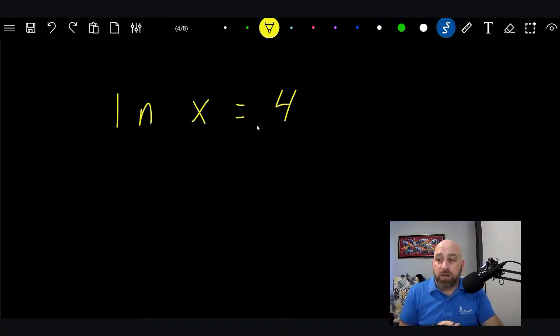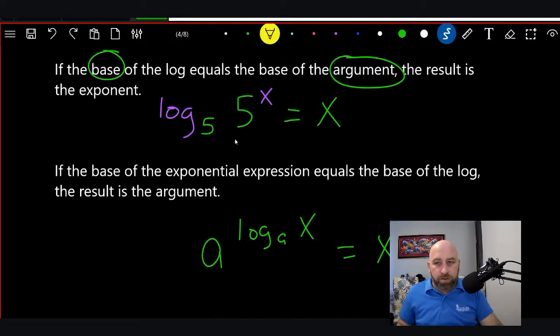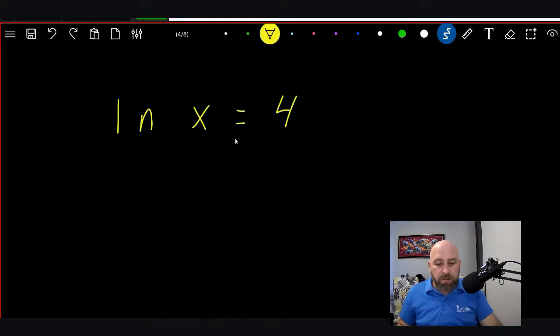Okay, so the natural log of x equals 4. So looking back up at these, which one do you think that we should use here? I'll let you take just a second to look at it. Well, the first thing that we need to do on this is to get natural log on both sides.